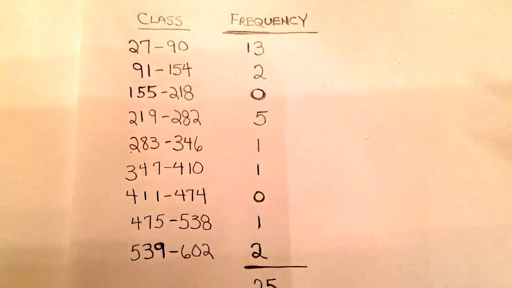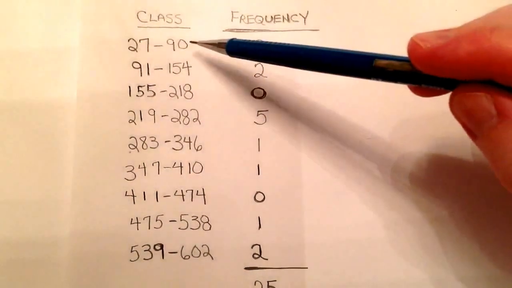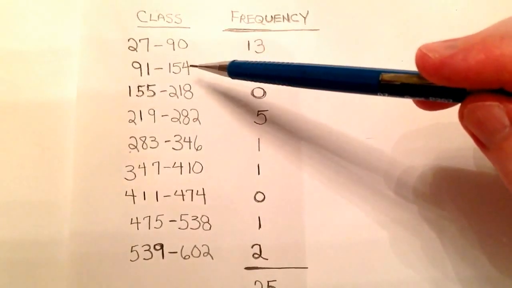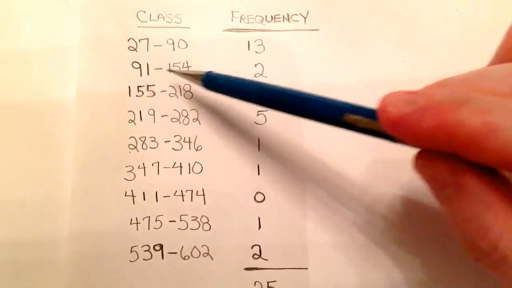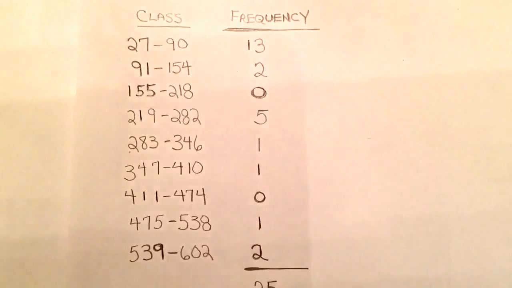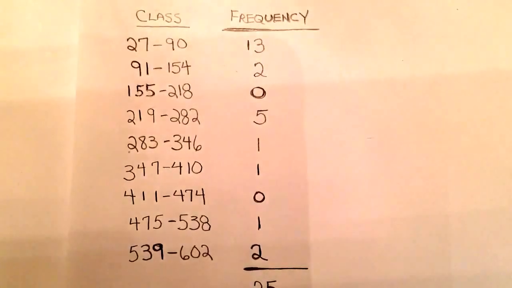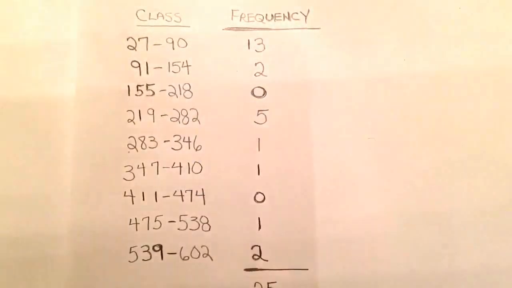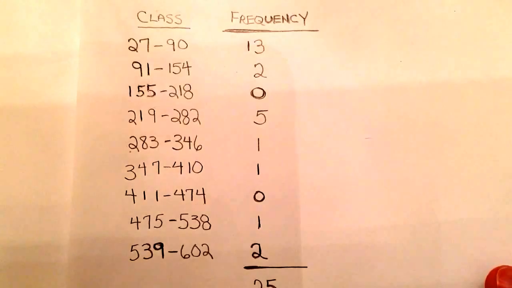This signals that the upper class limit for the first class is going to be 90, and likewise you're going to add 64 at both ends. So we have the classes 27 to 90, 91 to 154, and maintaining a width of 64 throughout, to make sure that we have 9 classes and that the maximum value of 598 is covered. This is how the layout is going to be, and again the class width is still 64.